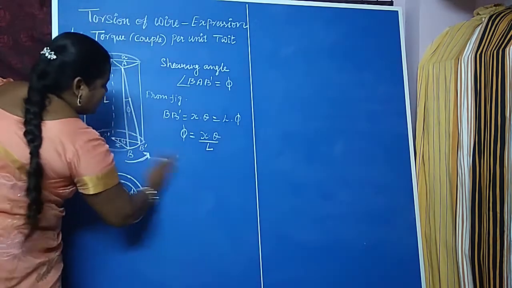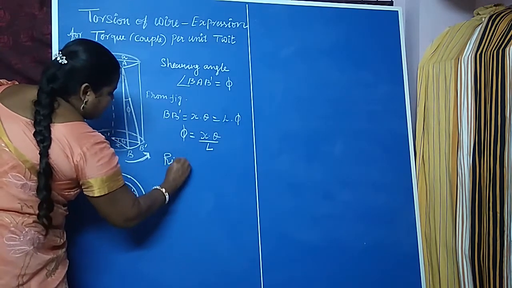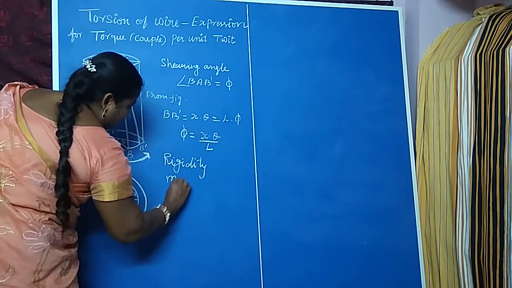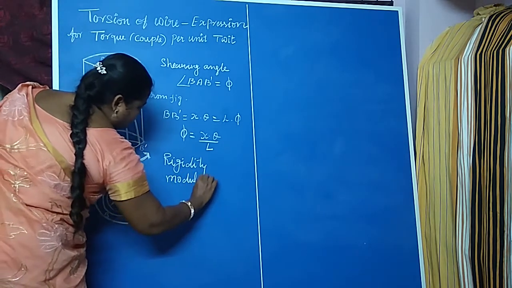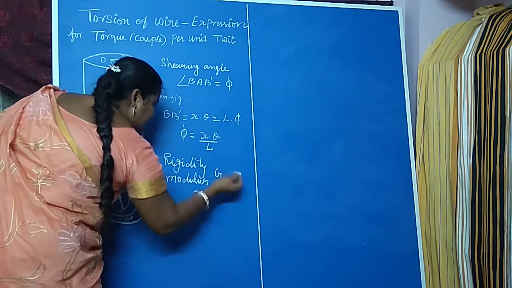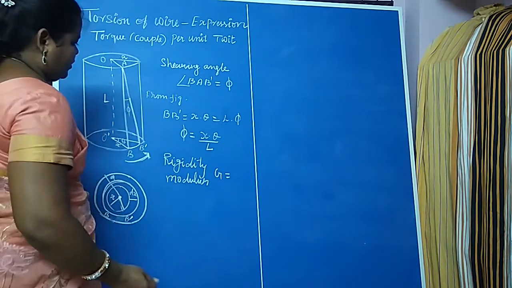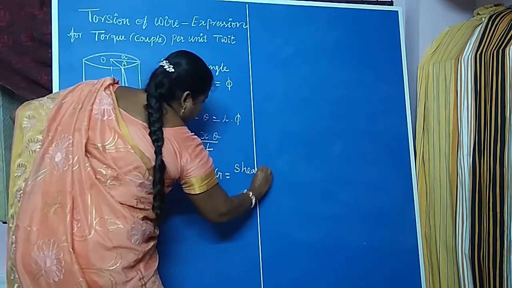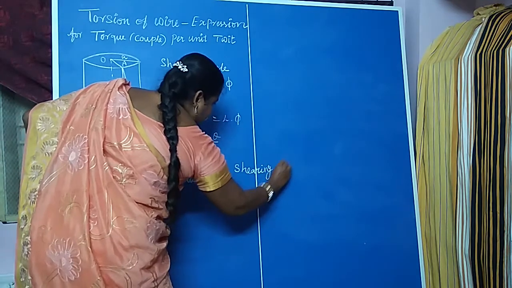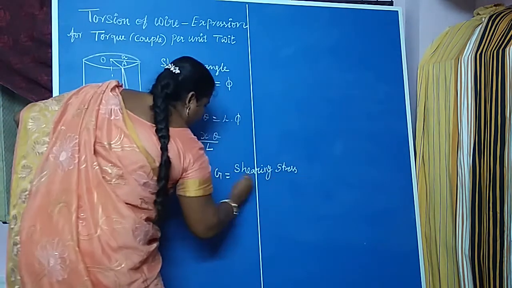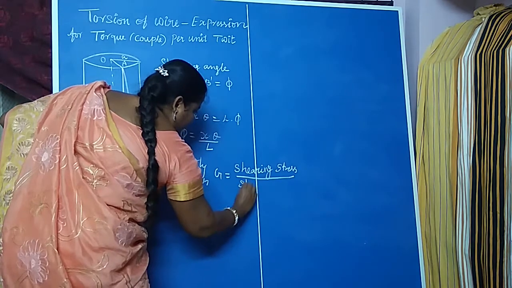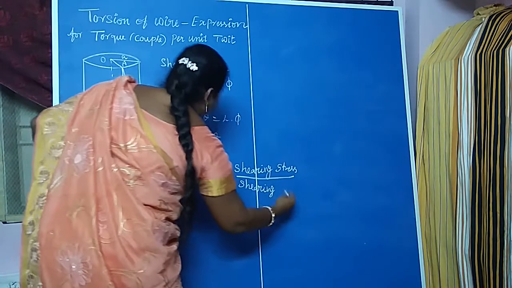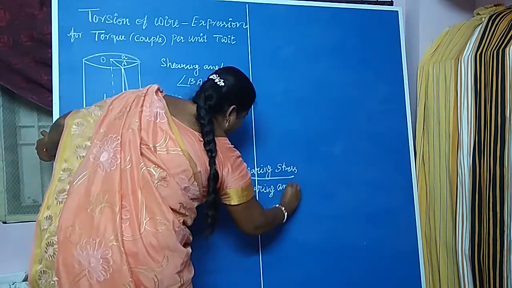We know that the rigidity modulus, which is represented as G, is equal to shearing stress divided by shearing strain, that is, the shearing angle.